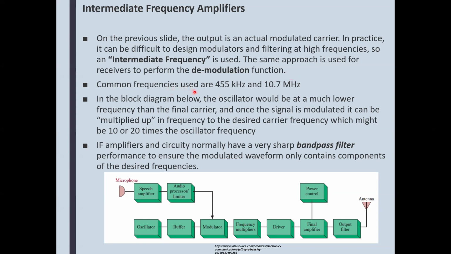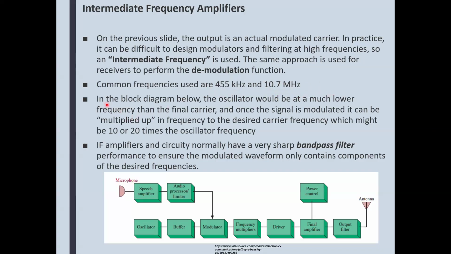Common intermediate frequencies used are 455 kilohertz, and another IF frequency that's commonly used is 10.7 megahertz. It just so happens that 455 kilohertz is used with AM radios, for example, and 10.7 megahertz is used in FM radio systems.